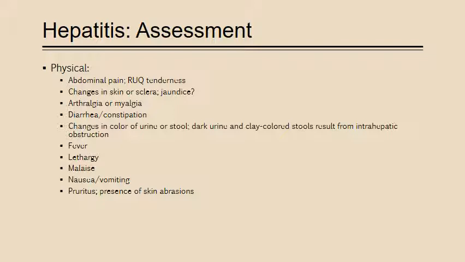Diarrhea or constipation, changes in the color of urine or stools: dark urine and clay-colored stools result from the intrahepatic obstruction problem. Fever, lethargy, malaise, nausea, vomiting, pruritus. Also look for the presence of skin abrasions because they're itching.